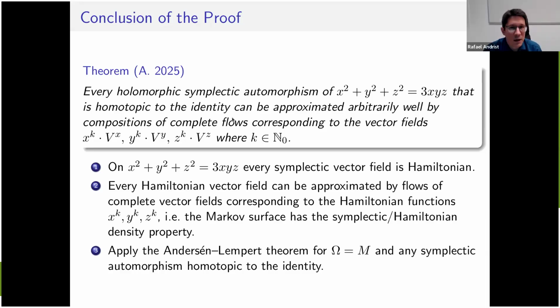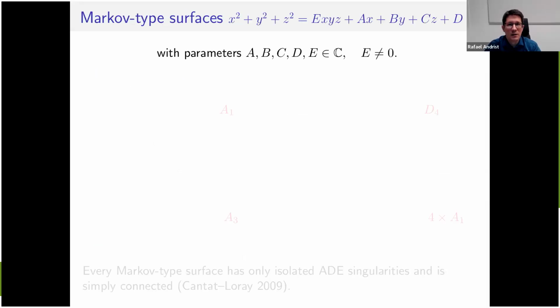And so I now want to just say a few words about the generalization, because in the title of the talk it said Markov surfaces in the plural, not just Markov surface. So what we can do is we can take this equation, x squared plus y squared plus z squared equals 3xyz, and then we can add an affine linear term.